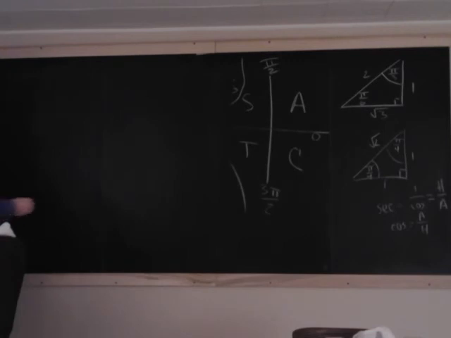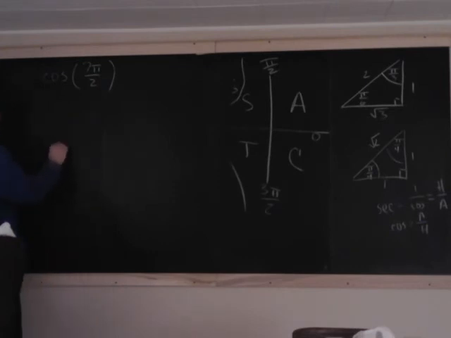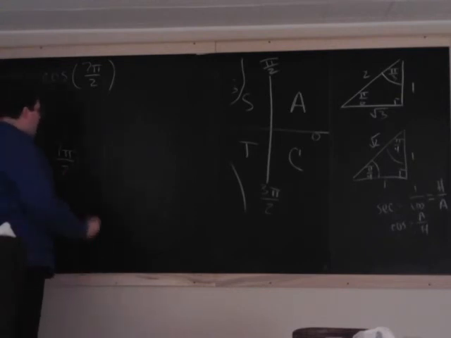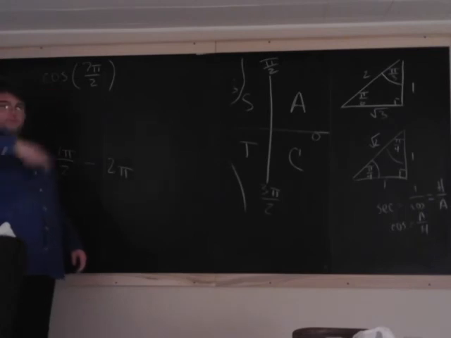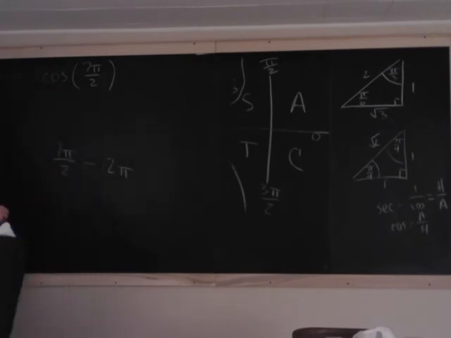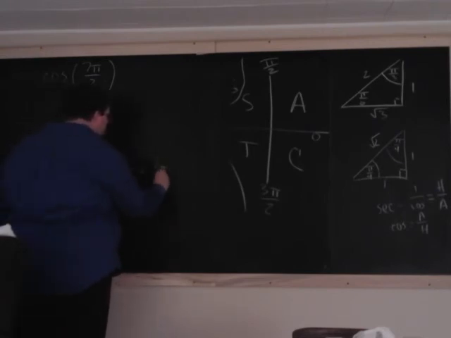So we have cosine of 7 pi over 2. Well, 7 pi over 2 is larger than 2 pi. So let's subtract 2 pi. In other words, let's go one fewer time around the circle and see if we lie between 0 and 2 pi now. Let's get a common denominator.